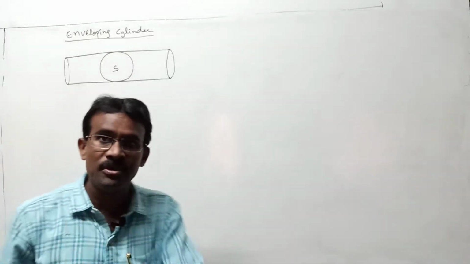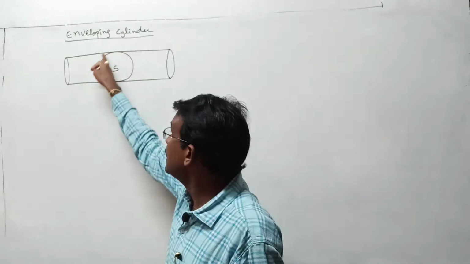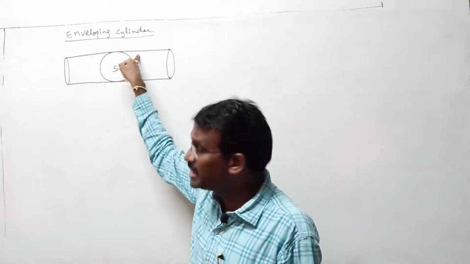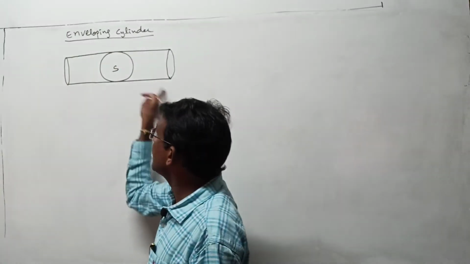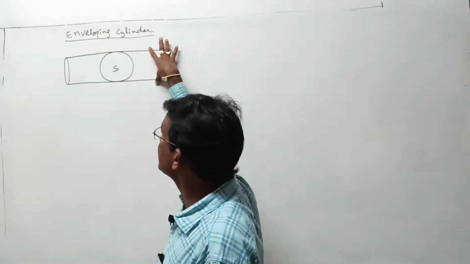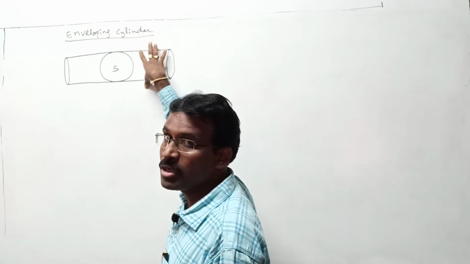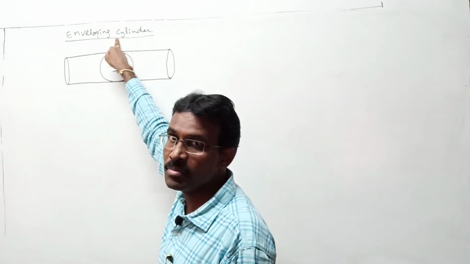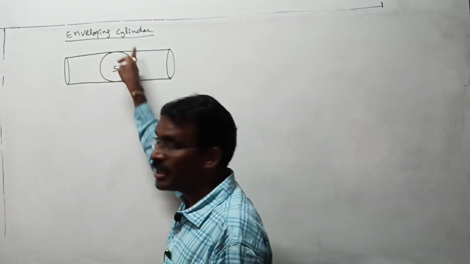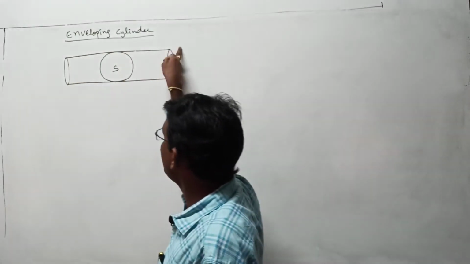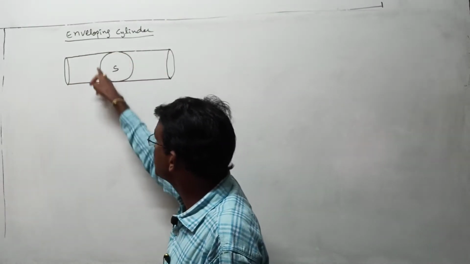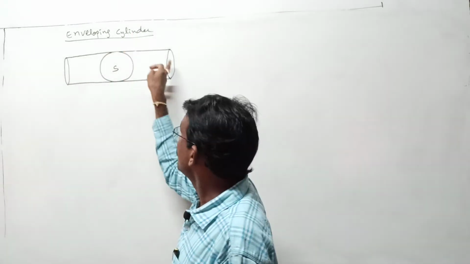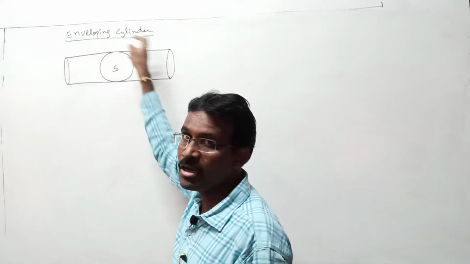Once again I am repeating. Let S be a sphere, then the set of all parallel tangent lines to this sphere forms a cylinder which is called the enveloping cylinder.